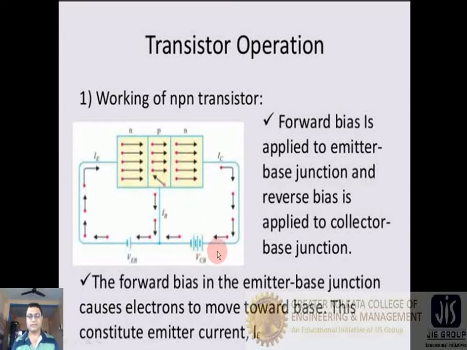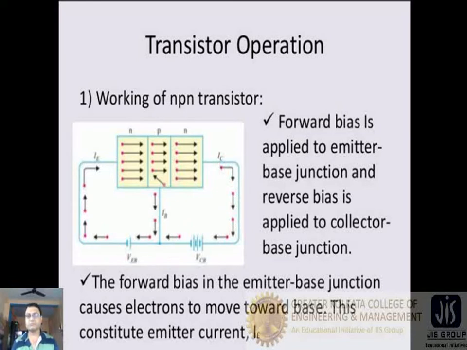As the collector is reverse biased, the electrons are collected by the positive terminal of this battery. In this way, electrons flow from the emitter to the collector, passing through the base, and the current flow happens.